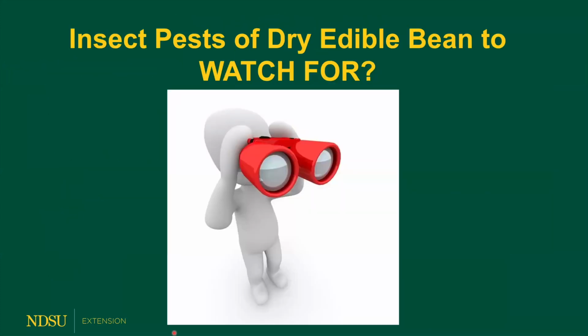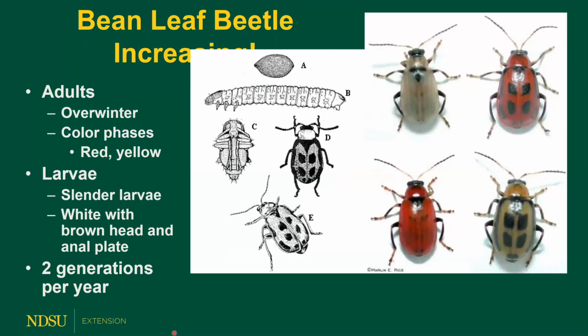So I do have 3 insects I just want to show you. These are some new and upcoming insects that we need to watch for in the future. One is bean leaf beetle, which is increasing in North Dakota. And you'll probably know this insect if you grow soybeans. It's also a pest of soybeans.